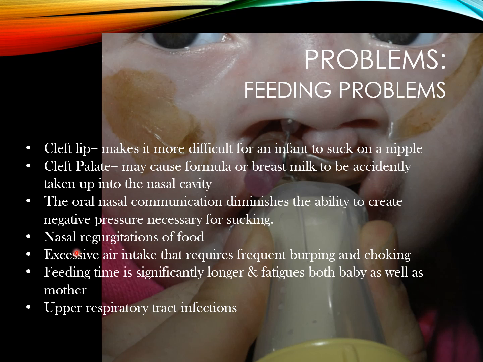There can be nasal regurgitation of food, excessive air intake that requires frequent burping, and choking. Feeding time is significantly longer and fatigues both the baby as well as the mother. Upper respiratory tract infections can develop.